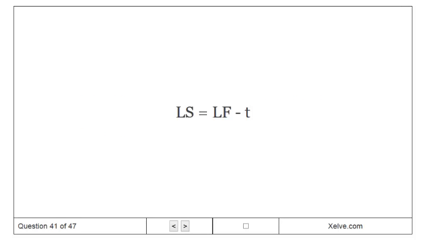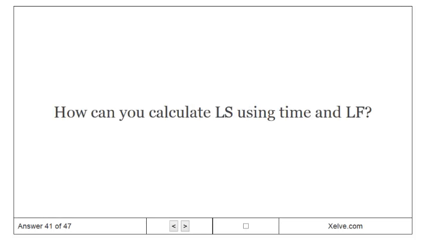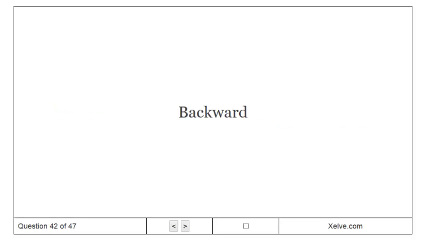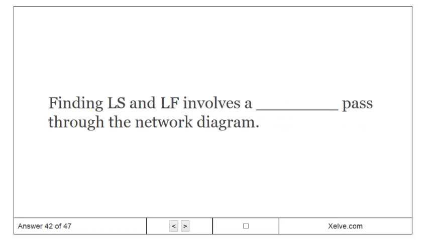LS equals LF minus T. How can you calculate LS using time and LF? Backward. Finding LS and LF involves a blank pass through the network diagram.